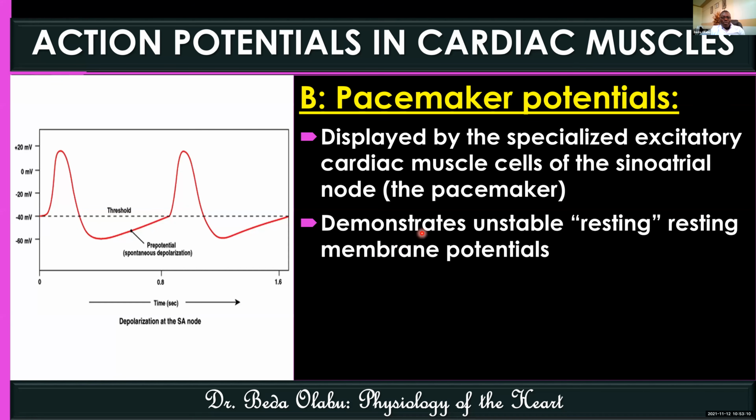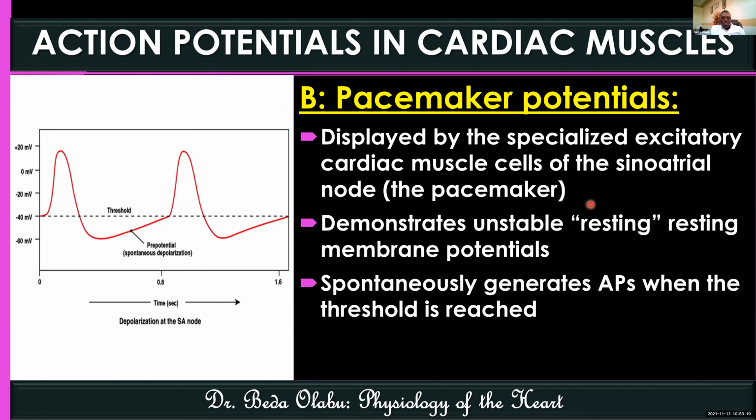Unstable resting membrane potential reaches a threshold, an action potential is generated again. And the story continues. So we realize that the pacemaker spontaneously generates action potentials when the threshold for membrane depolarization is reached. It spontaneously generates action potentials on its own.